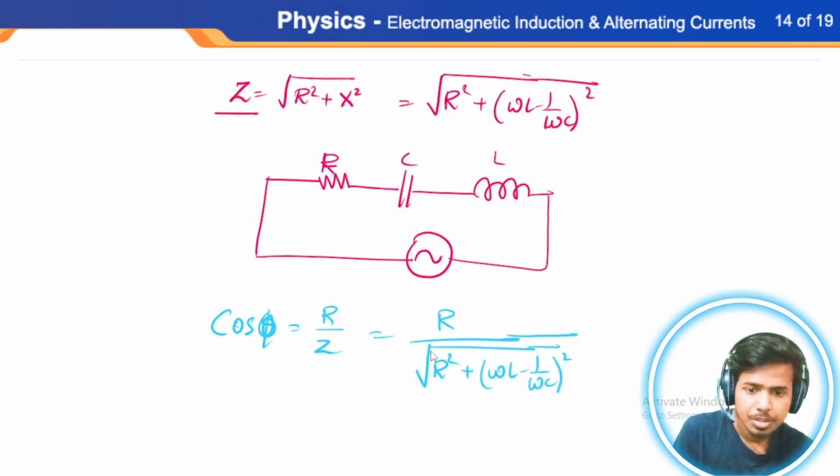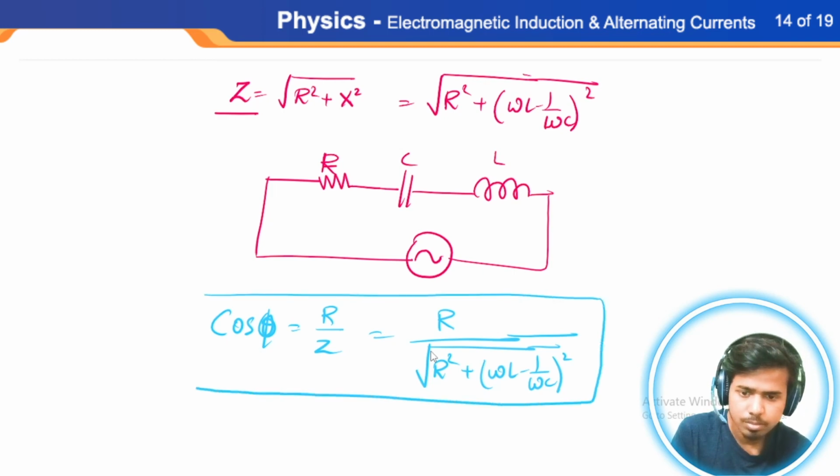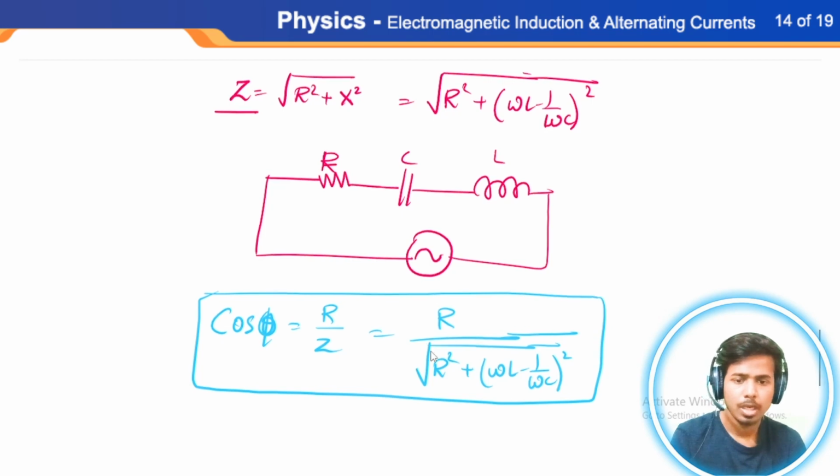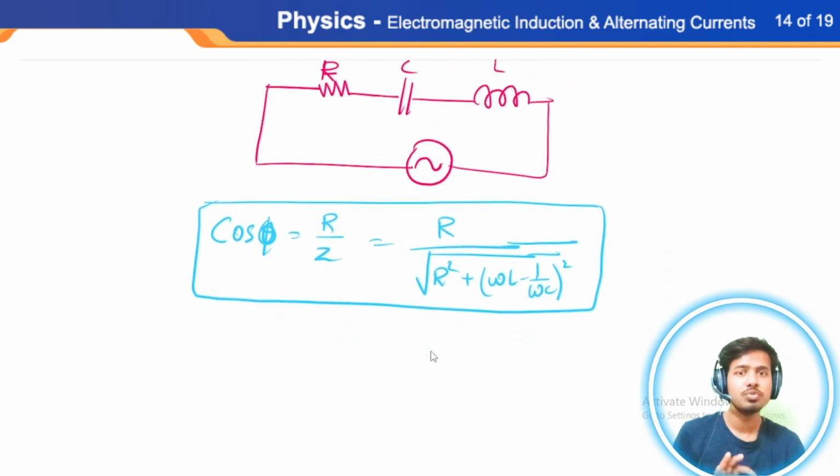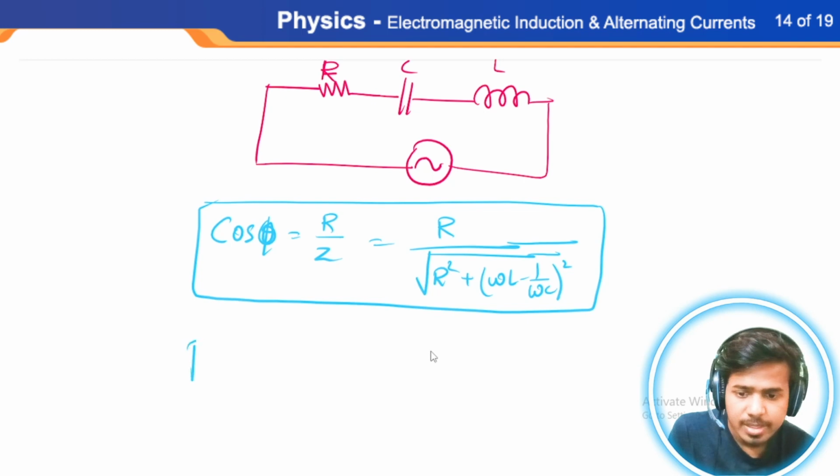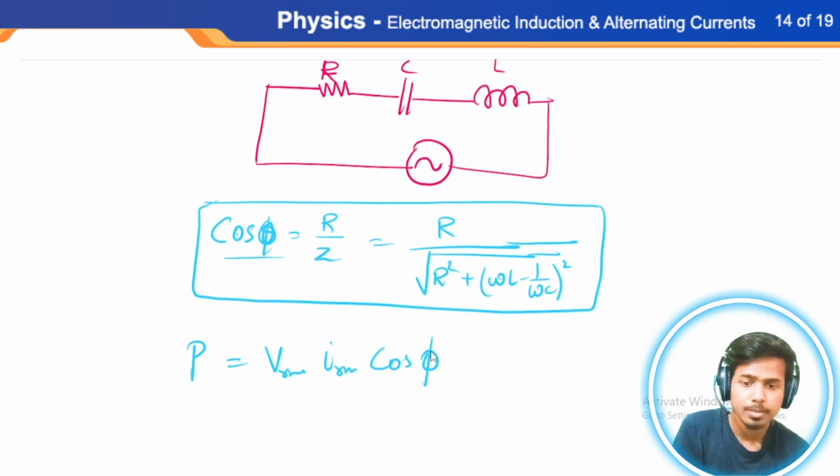Now you have this equation that you need to remember. I'll just give you these few simple formulas that will help you in all of the different combinations: RC circuit, LC circuit, LCR circuit, all of that. The power consumed has a simple formula: V_RMS I_RMS cos phi, where cos phi you can find from here.